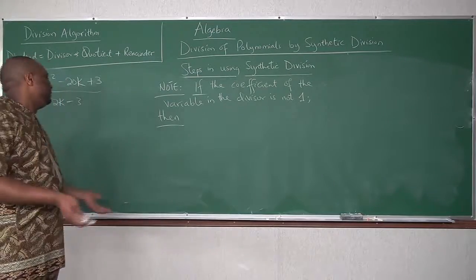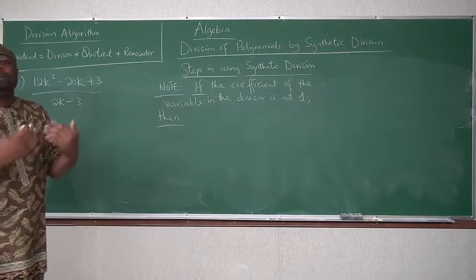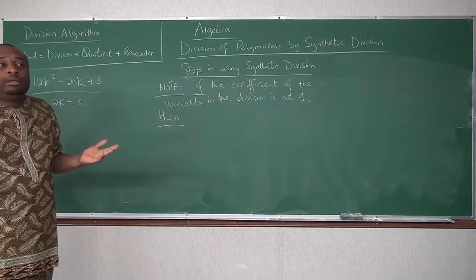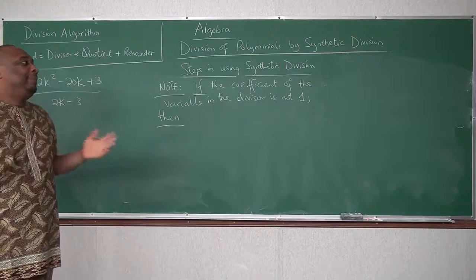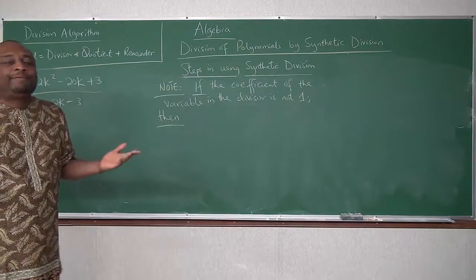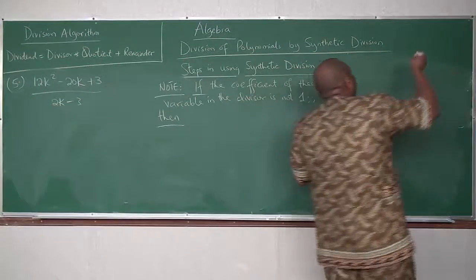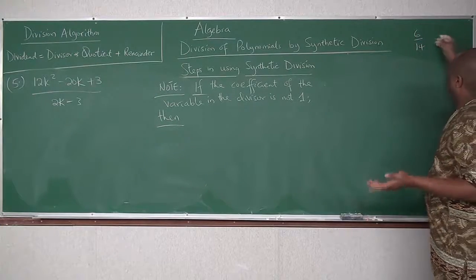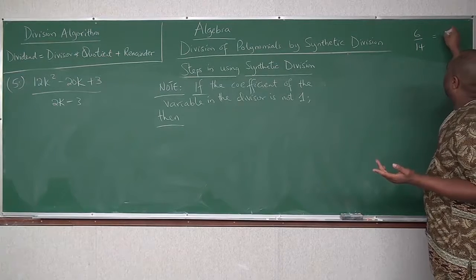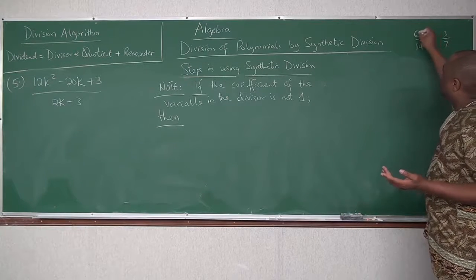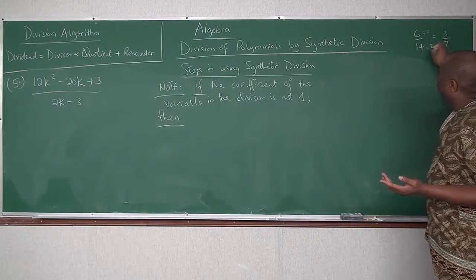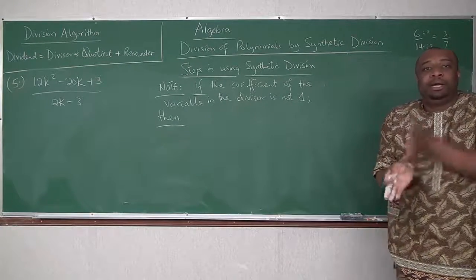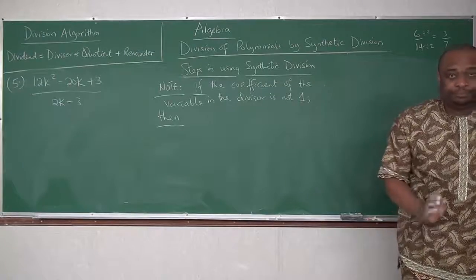We're doing this because whatever you do to the denominator, you also have to do to the numerator. In a simplified fraction, if you have 6 over 14, this is also equal to 3 over 7, because you could divide by 2 and divide by 2, provided that what you do to the denominator, you also do to the numerator.